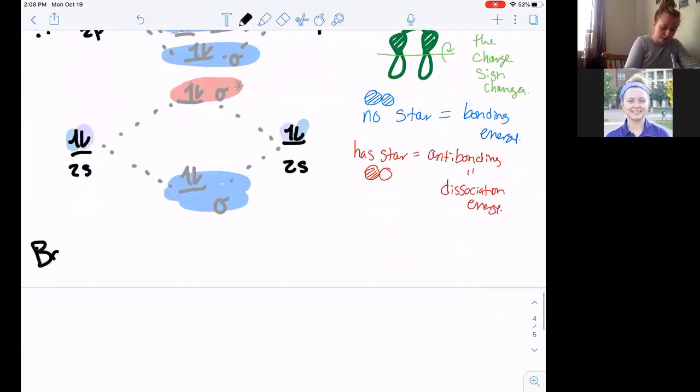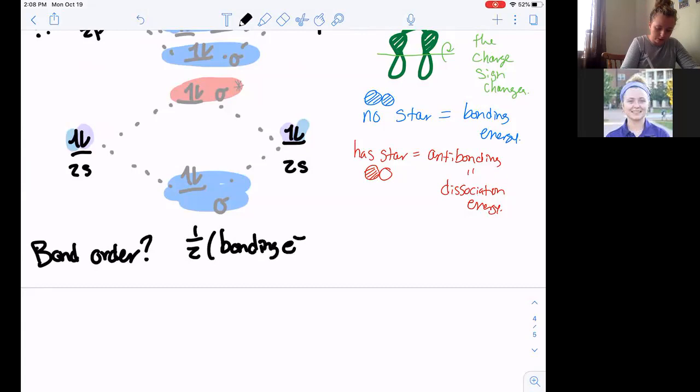Okay, so if you're asked the question, what's the bond order? Well, to put it simply, it's half of bonding electrons minus half of anti-bonding electrons.